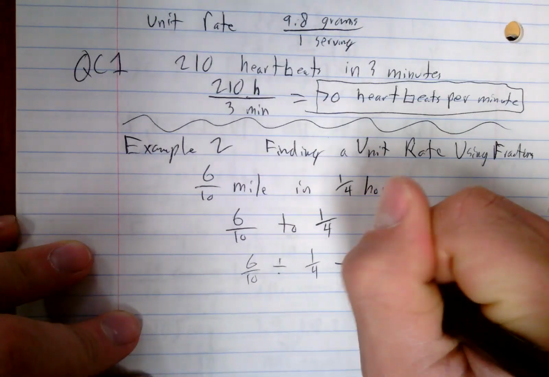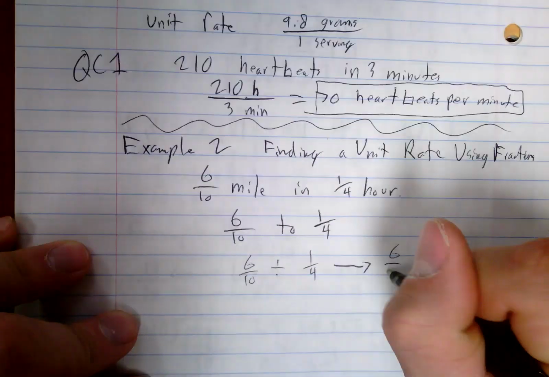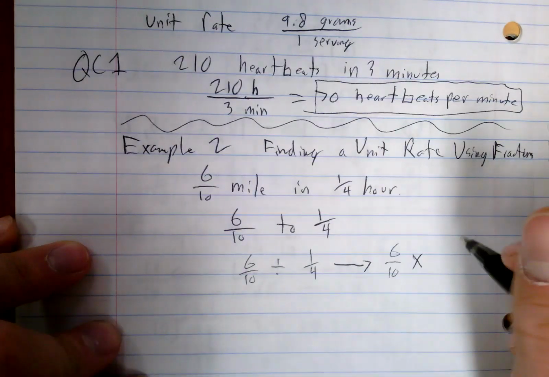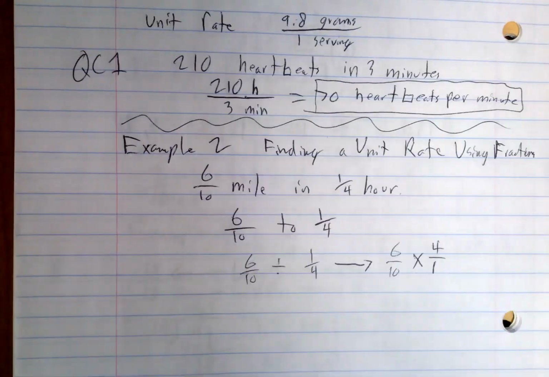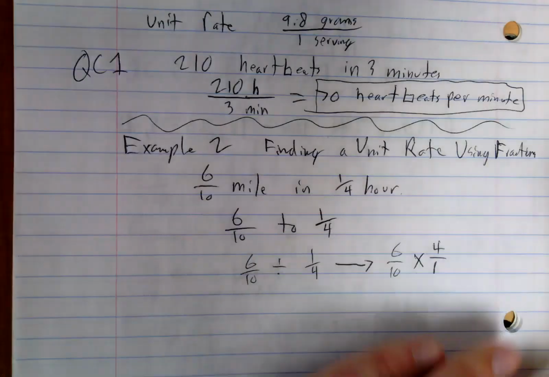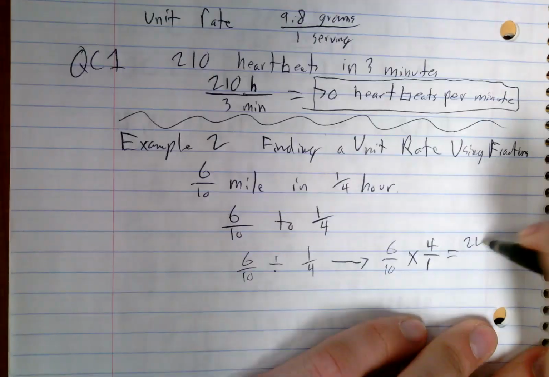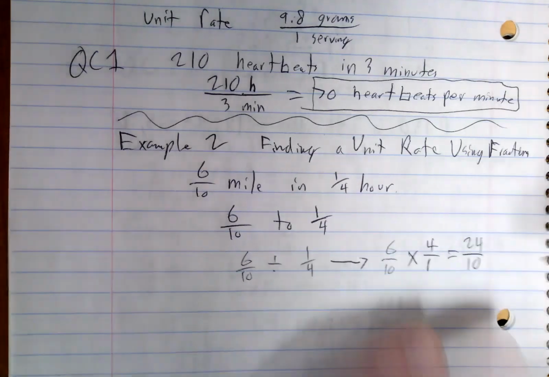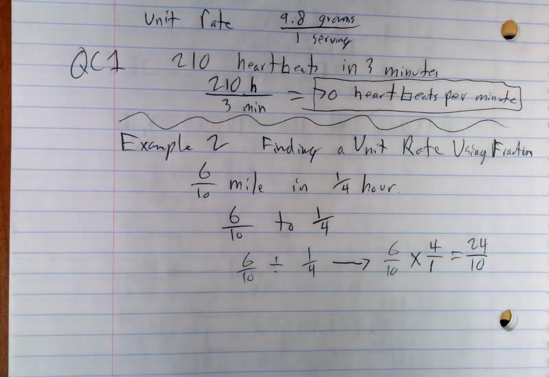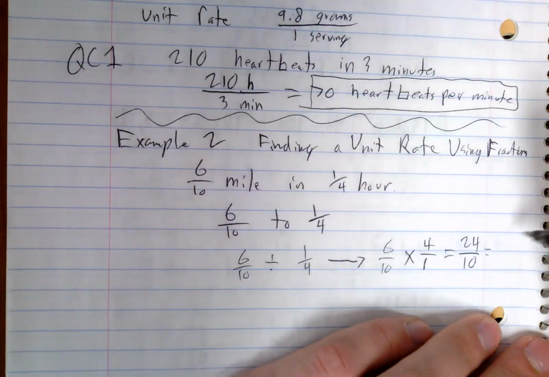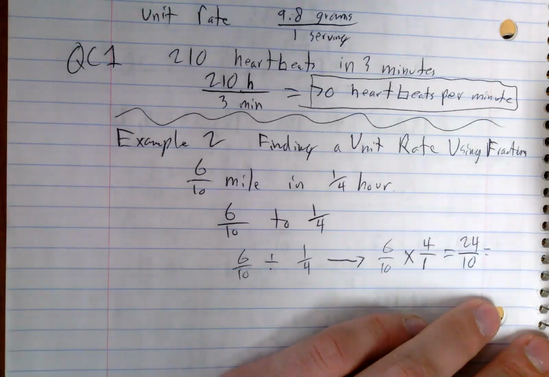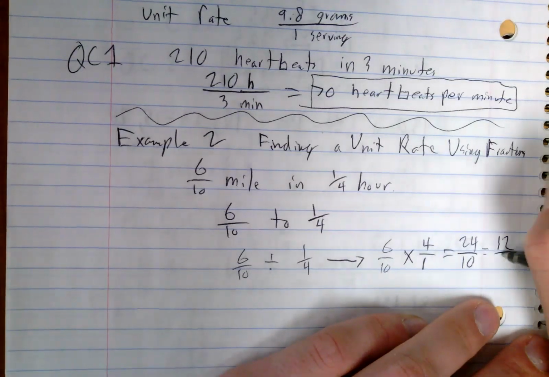We know this is the same as 6/10 times 4 divided by 1, using the reciprocal, which equals 24 divided by 10. And we can simplify this even further. Greatest common factor is 2, so we get 12 divided by 5.